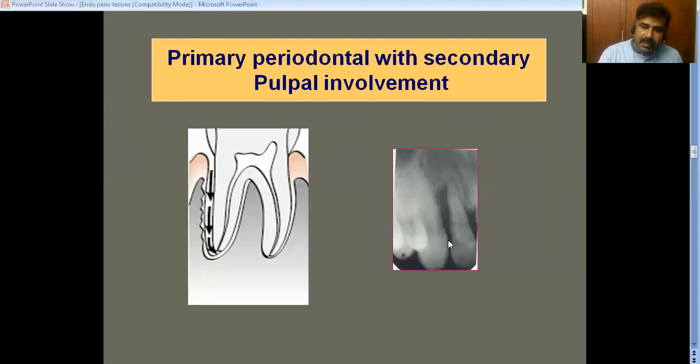So this is a primary periodontal lesion. There is no caries or anything in relation to these teeth. It is a primary periodontal lesion, and then through the apical foramen it has infected the pulp, and it becomes a secondary pulpal involvement. I hope you are clear with that now. So where the lesion originates, whether pulpal or periodontal, based on that you can classify.